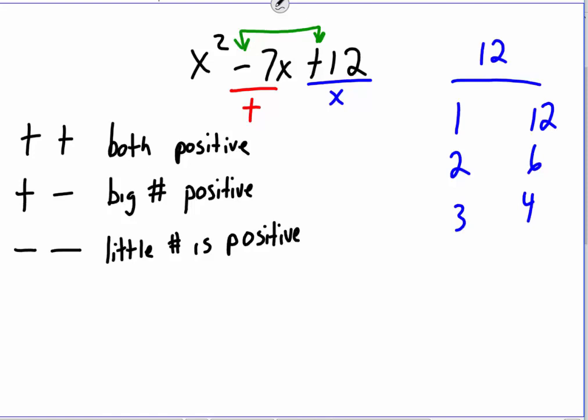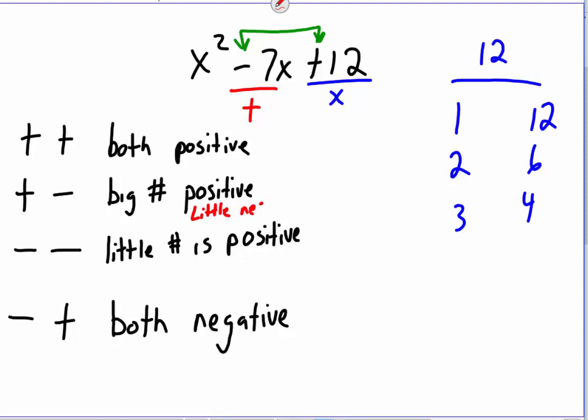And the last one is a negative, positive, and that means that they're both going to be negative. Like I said, with each one of these, you could say the little is negative, or that the big is negative, that kind of thing. So you could add those in there if you wanted to. So there's your little cheat sheet.